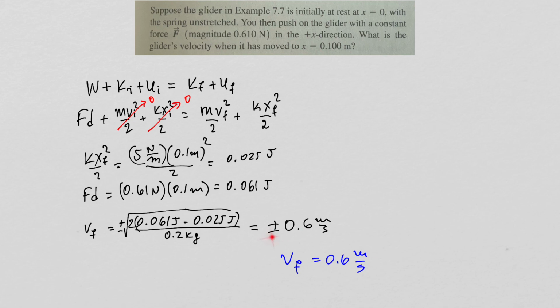The negative solution here corresponds to the glider going to the left, but we know that the force is applied in the positive x direction, so only the positive solution can be correct for this problem, and so v final is 0.6 meters per second.